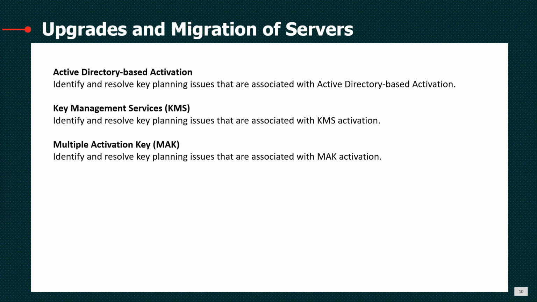In how many ways can we activate the license? Generally, if you have a single machine or a single laptop, when you purchase a laptop, it comes along with the operating system. That everyone knows.